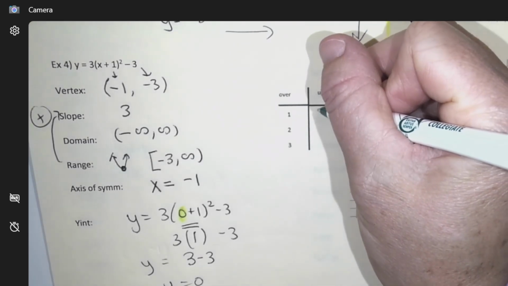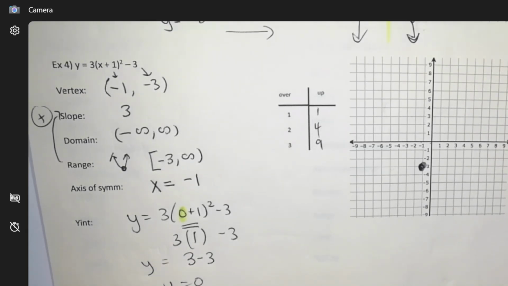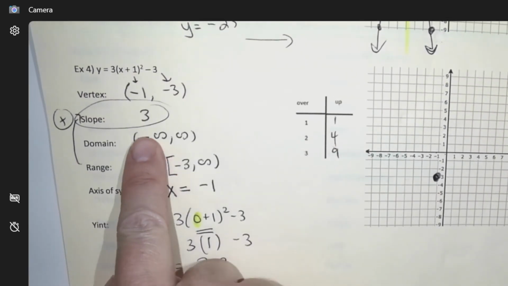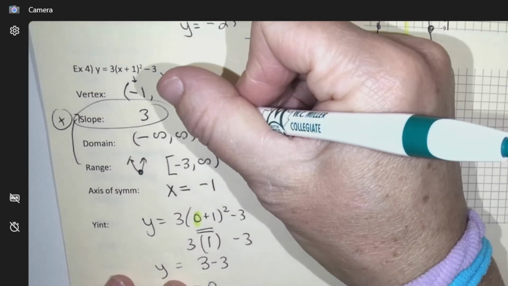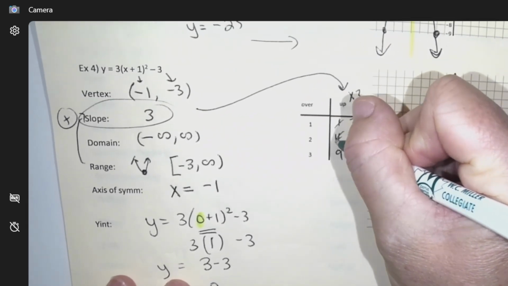Okay, pattern 1, 1, 2, 4, 3, 9. Always start there. Always, always, always. Then we adjust our pattern. So we said our slope is 3. So we're going to times by 3.